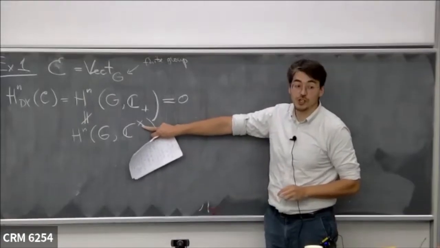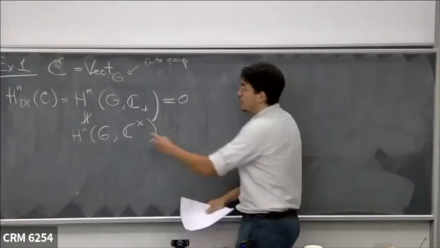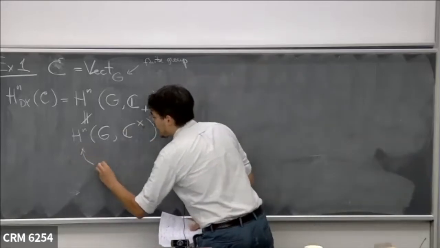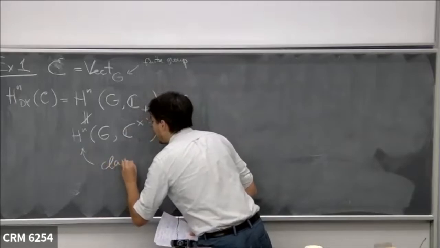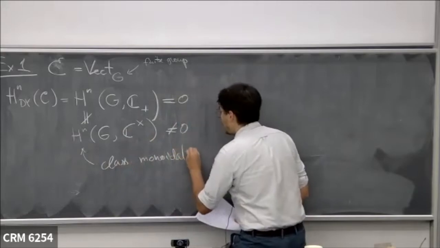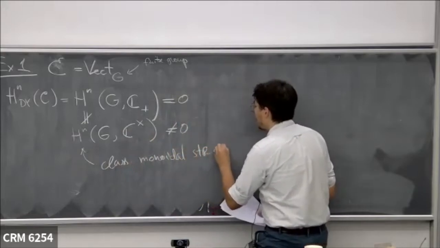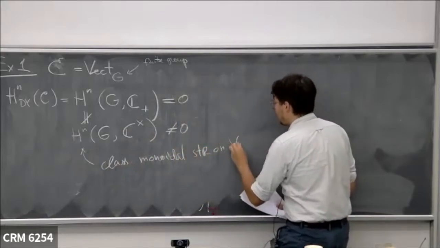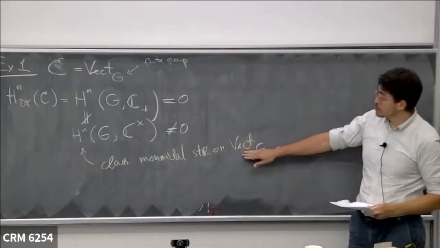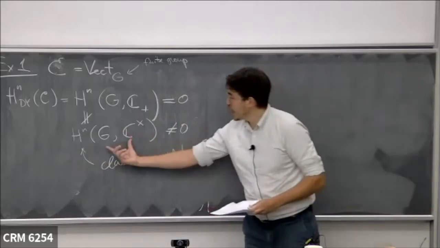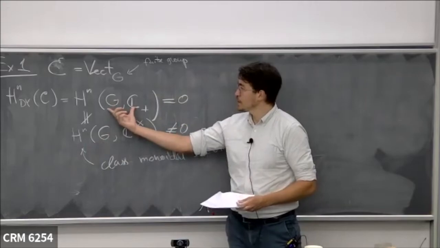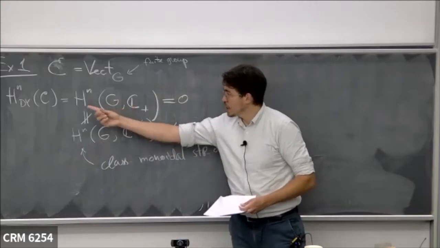In general, this group is not zero, and this group classifies monoidal structures on Vec_G. All right. So we know that Vec_G admits many monoidal structures. But the Davydov-Yetter theory tells you that the cohomology is zero.